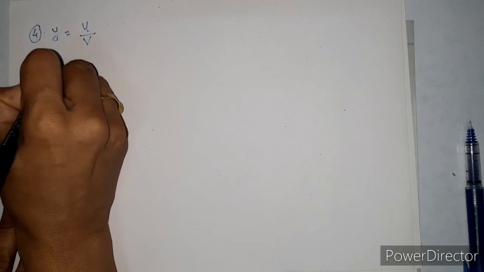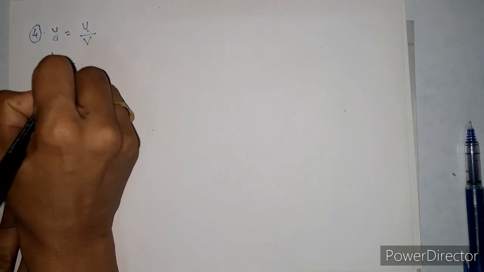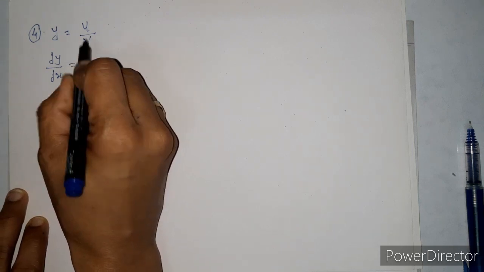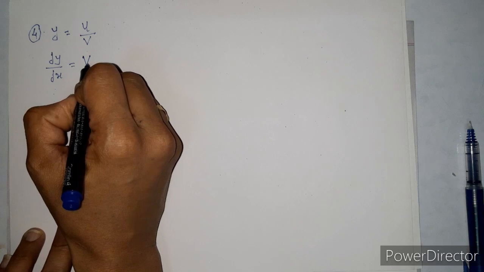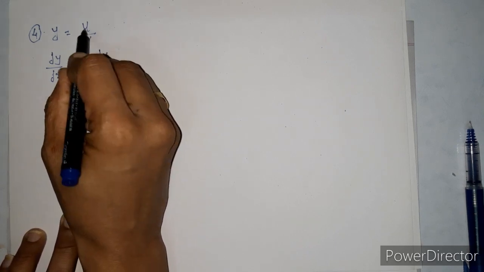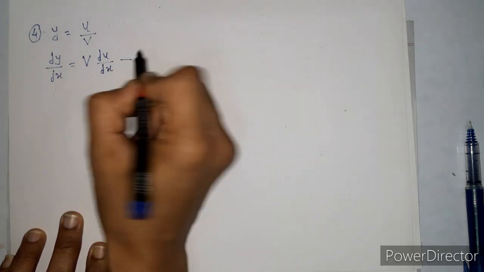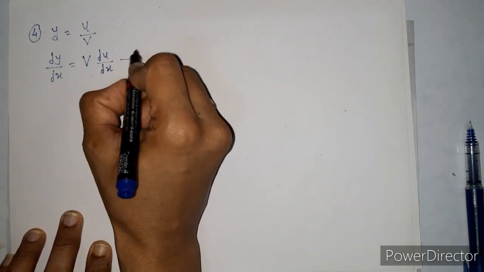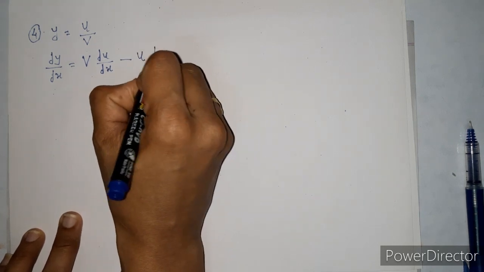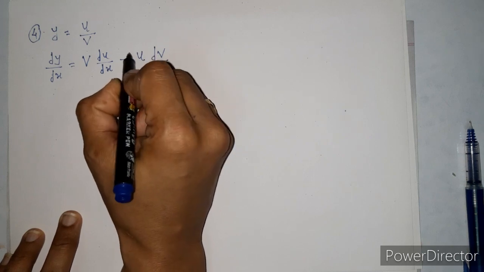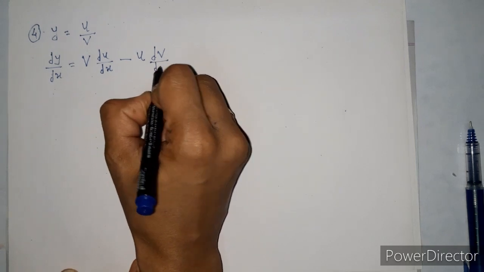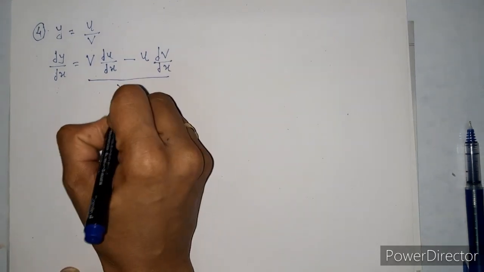So while taking the derivative, that is dy by dx, keep the function at the denominator constant, take the derivative of the numerator, that is differentiation of u with respect to x, minus the function at the denominator constant, the derivative of the function at the numerator constant, derivative of the denominator with respect to x, upon v square.